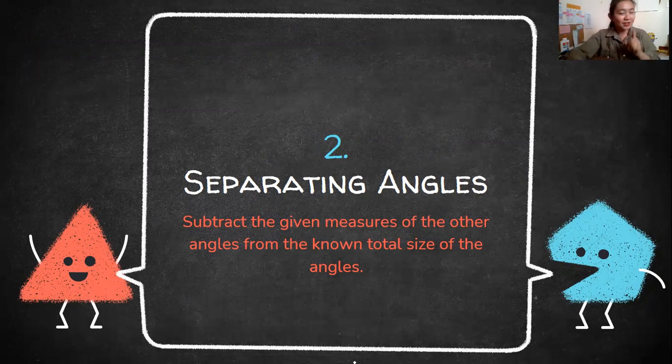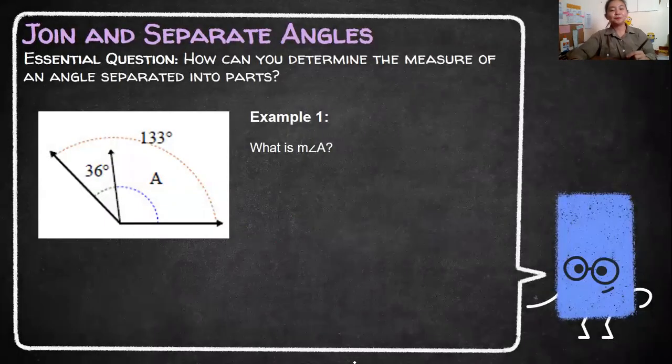Hard to imagine? Let's have this first example. In this case, these two adjacent angles form 133 degrees together. Okay?